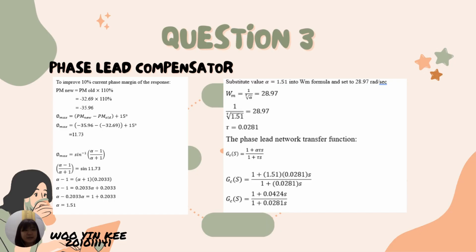By using the phase lead compensator to improve the current phase margin of the response by 10%, first we need to find the new phase margin, and then the phi max, alpha value, and tau value. After finding the alpha and tau values, we substitute them into the transfer function, and the final answer is 1 plus 0.0424 s over 1 plus 0.0281 s.